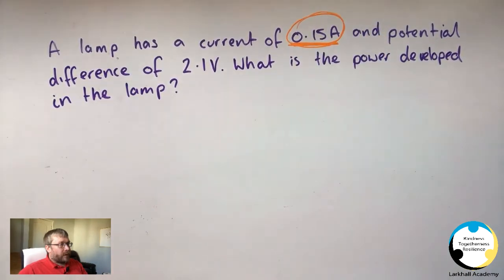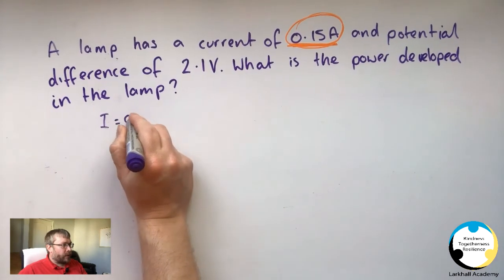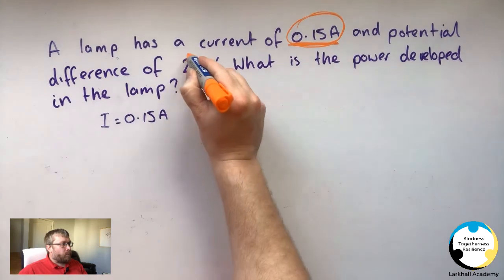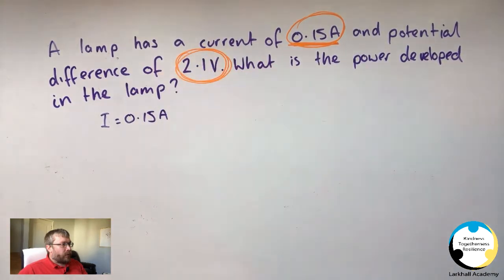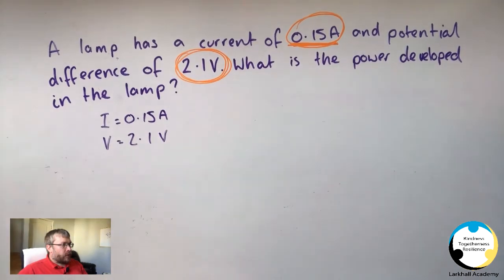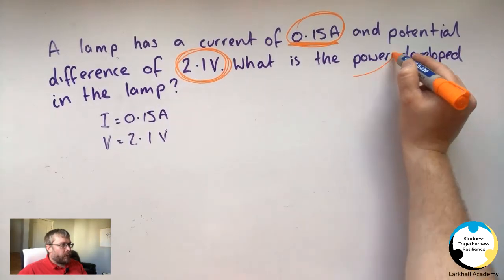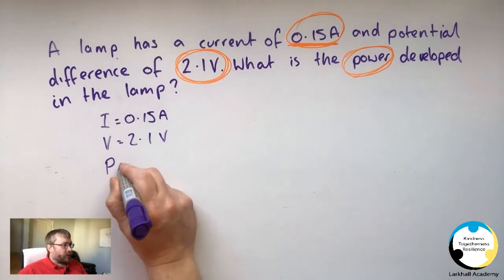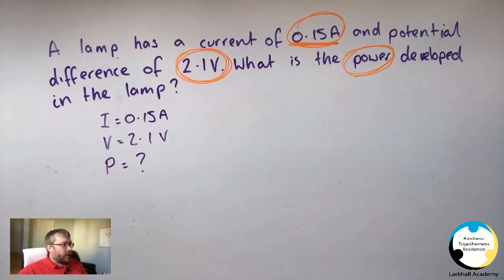We've got 0.15 amps is our current, so let's write that down into our shopping list. 0.15 amps. We have 2.1 volts, our potential difference, and one other piece of important information is what we're trying to calculate, our power. So P is just equal to a question mark.